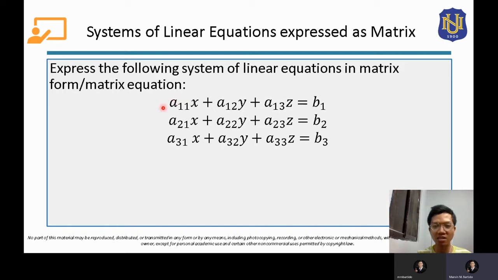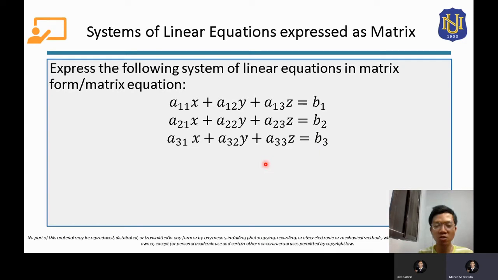A11, A12, and so on, up to A33, are the coefficients of the variables in these linear equations. And x, y, and z are the variables for these linear equations. And b1, b2, b3 are the constants.